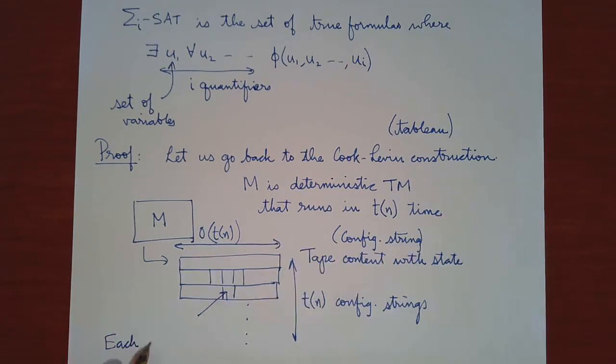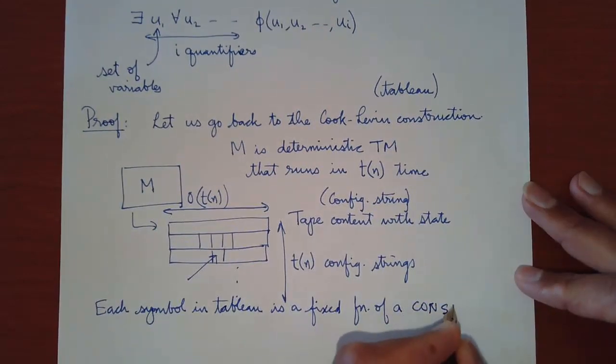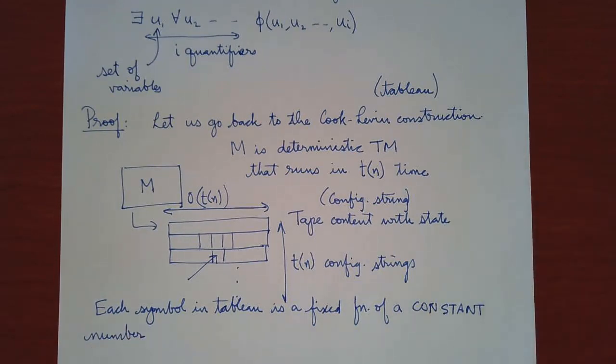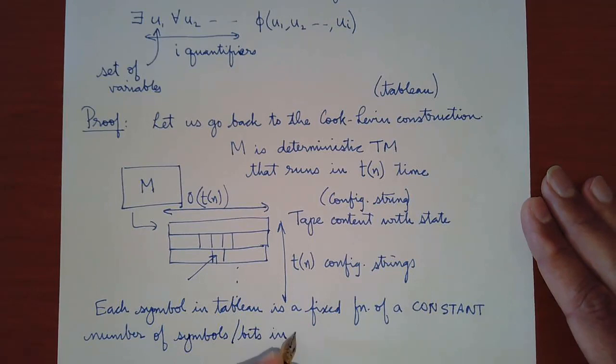But we know that each symbol in the tableau is a fixed function of a constant number of symbols or bits in the previous configuration string, right?